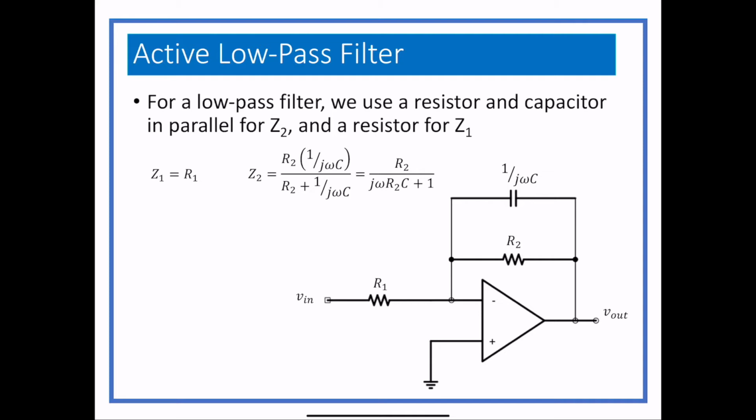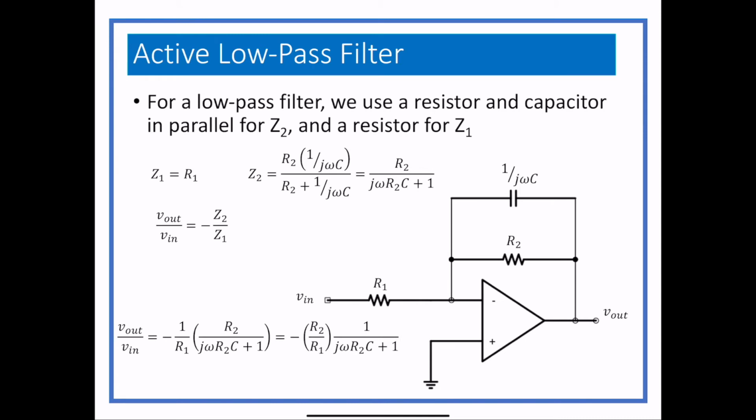Now, that is only Z2. Now we have to actually figure out what the overall gain is. So we have to take Z2 over Z1 and make it minus. So we do that, and we put it in, and we do a little bit of simplification. And as you can see, we just put 1 over R1 and multiply it by whatever Z2 is.